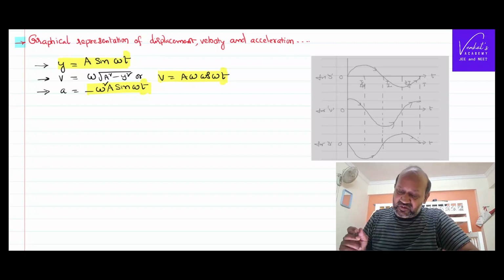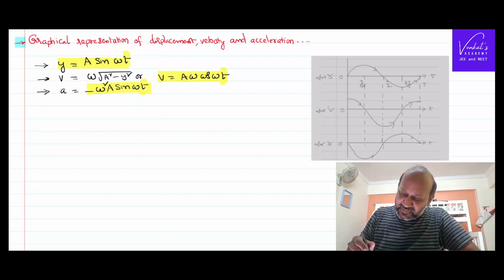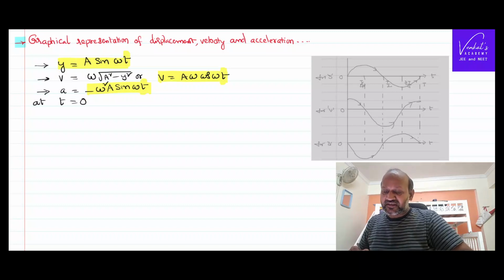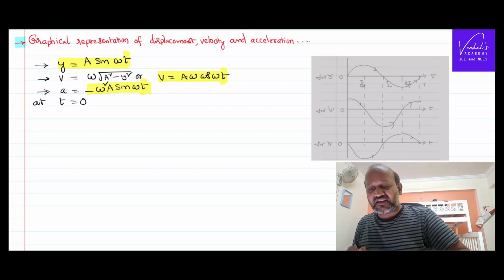The first interval we would like to consider is time equal to 0. Let's write each of these equations at time equal to 0.